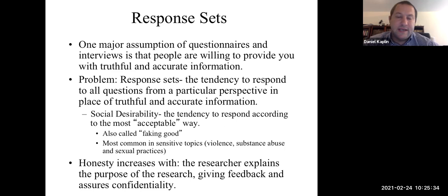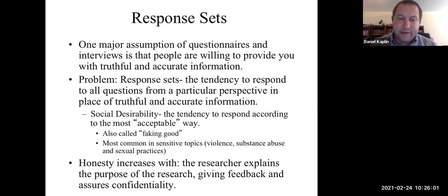That's important to say. But you could increase honesty in a respondent by explaining to them the purpose of the research and saying, hey, this research is going to help shed light on a very important issue. And the data is not going to be saying, oh, you said this answer.